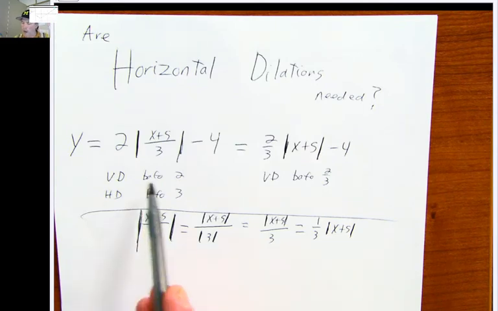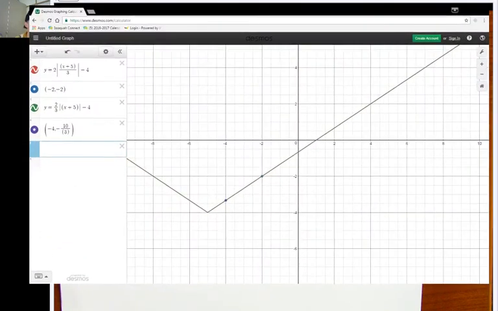Well, if you want your graph to have pretty, happy points, like when I used the vertical dilation of 2 and the horizontal dilation of 3, this had a nice clean coordinate. Whereas this point, for the vertical dilation of just 2/3, is not as clean. So if you need clean coordinates, you might want to use the horizontal of 3 and the vertical of 2. But if you just want an accurate graph, as long as the coordinates are correct, you could just do that.